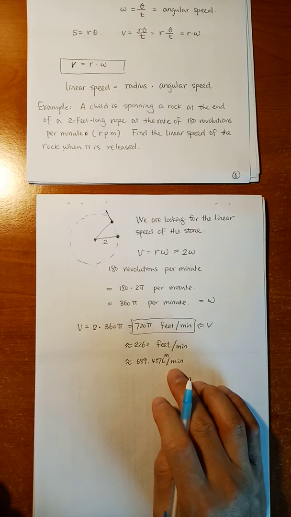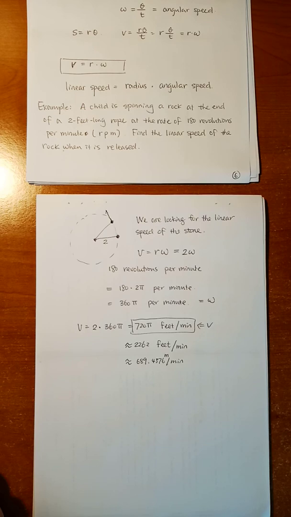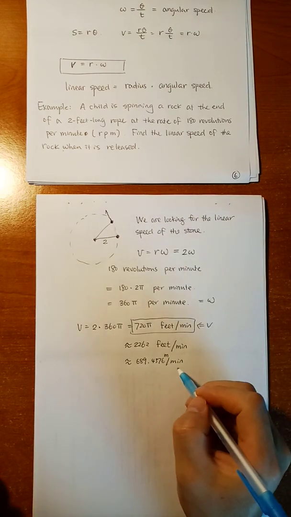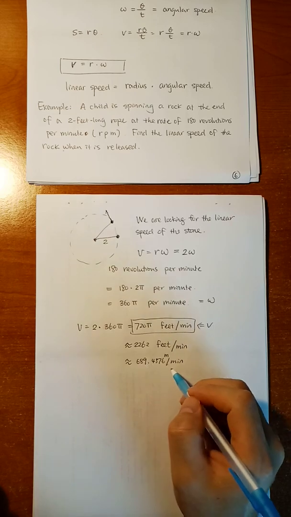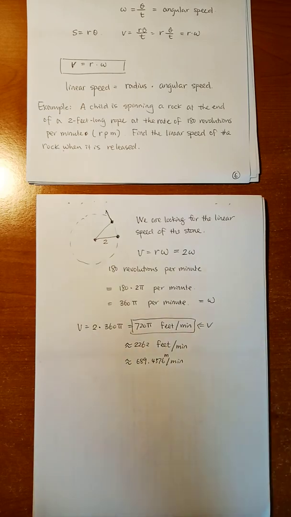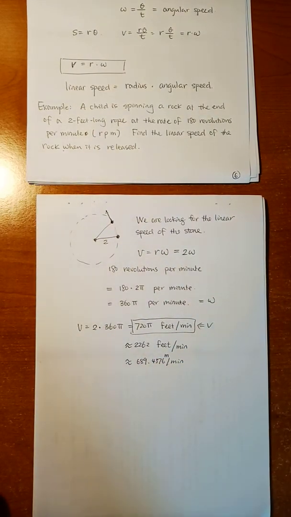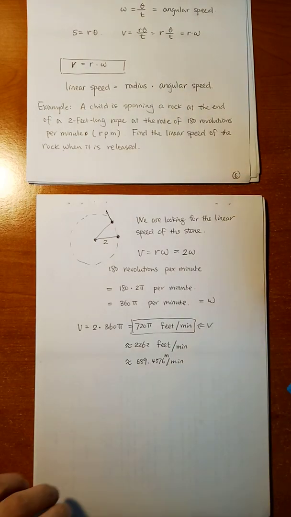In 1 minute you run 690 meters. It's even faster than a human sprint, where a fast person takes about 10 seconds. Anyway, it's very dangerous to spin a rope with a rock attached. We have to stop kids playing that.